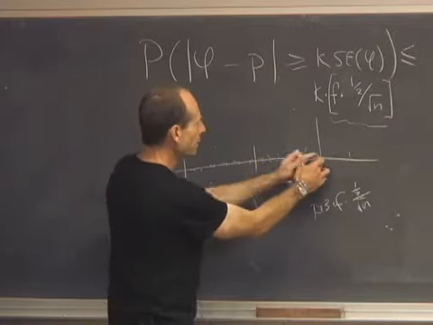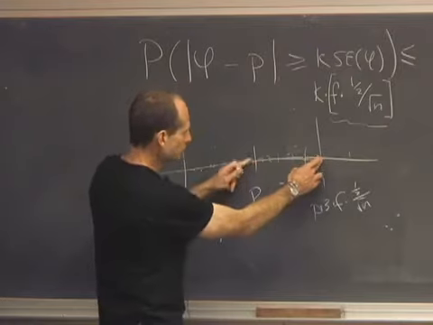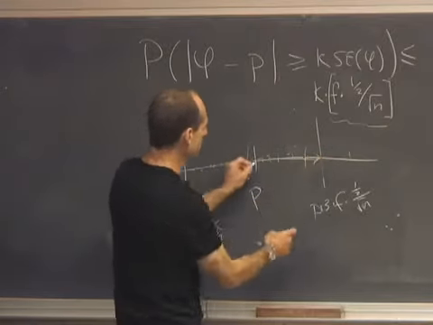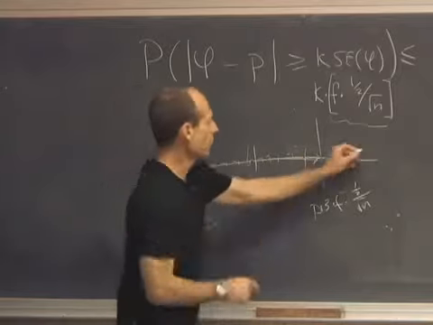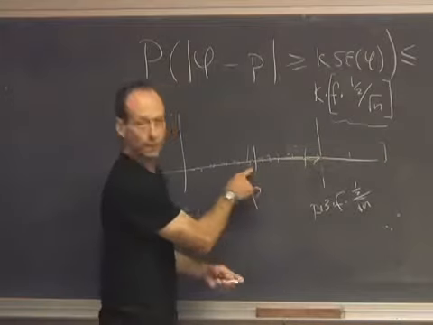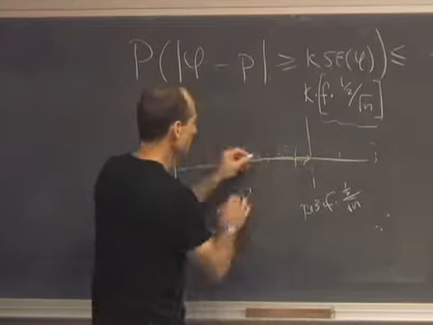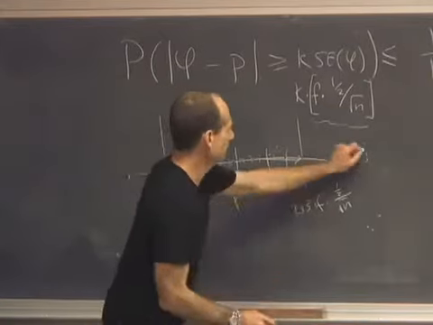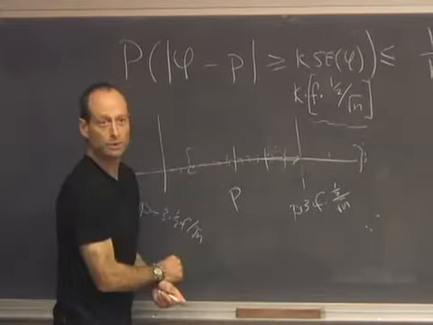Well, if I'm closer to p than this limit, then when I go down by that amount, I'm going to trap p. I'm going to go up to something like that. I'm going to go down to there, and I'm going to cover p. If I'm in here, then if I go up and down by this amount, I'm going to include p and include some junk up there, right?